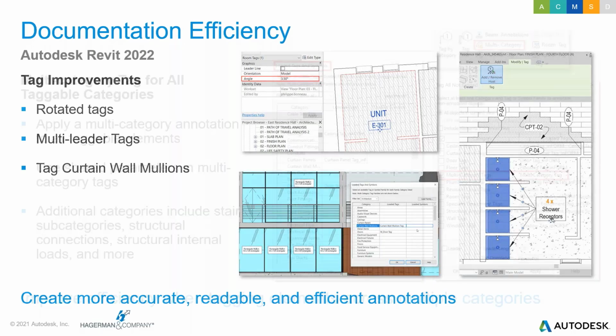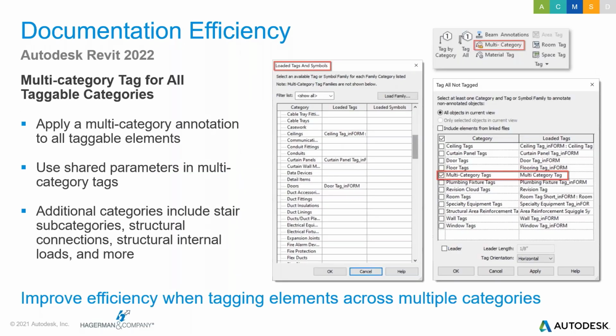Let's see what else we have here. I don't know if you've had a chance to use the multi-category tags in Revit, but you can use this to reduce the number of tag families in your project and to associate other elements from different categories with each other. This feature is especially useful when several categories share the same tag graphics or when shared parameters are utilized across several categories.